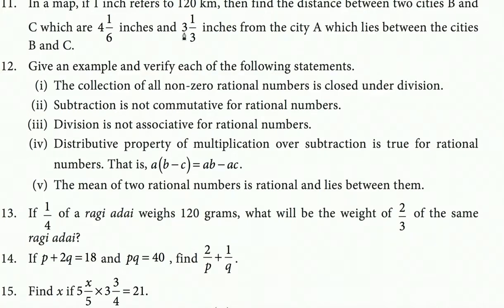So 45 into 20 means 900 km. That is the answer. Okay. 900 km.